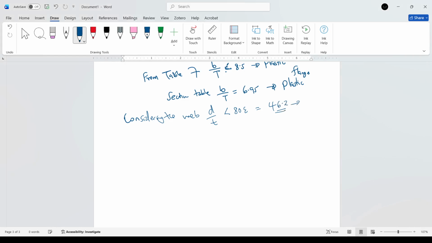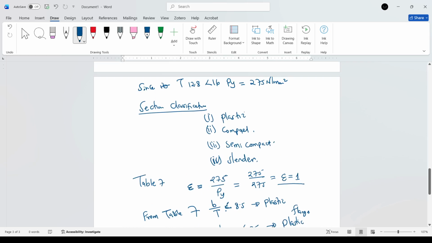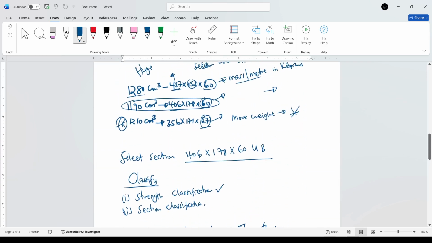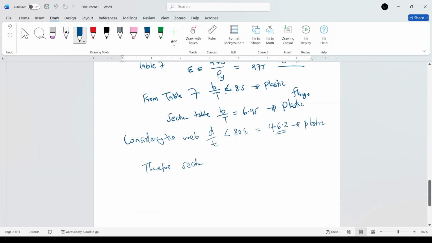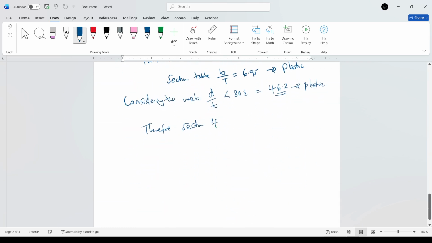So we conclude that it is plastic. Therefore, section 406 by 178 by 60 Universal Beam is plastic and it's class 1.